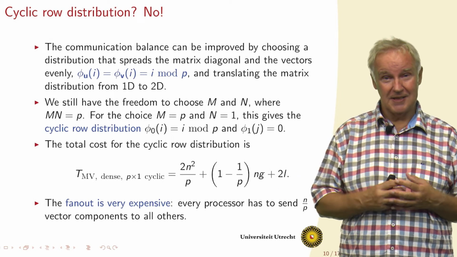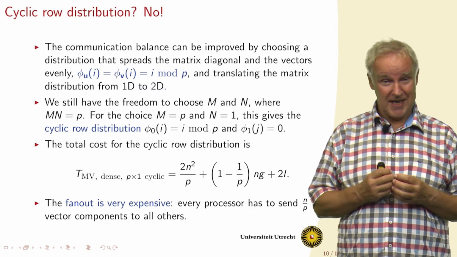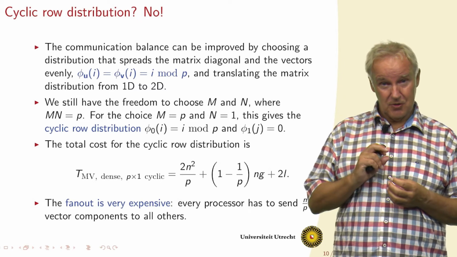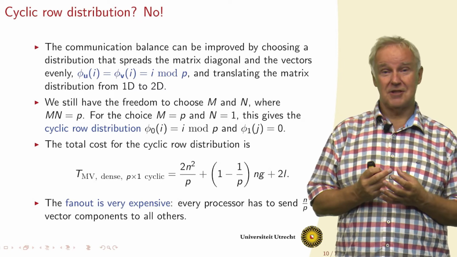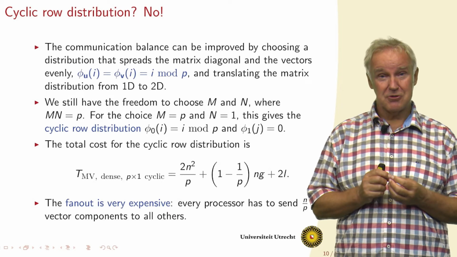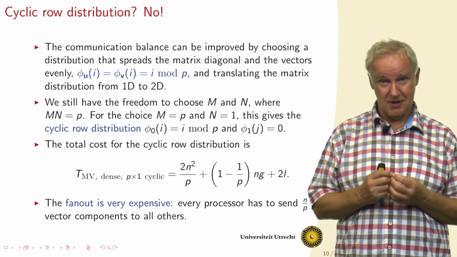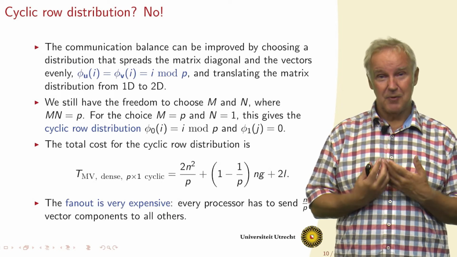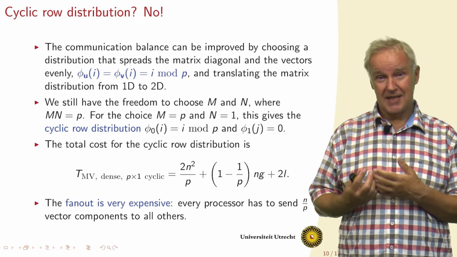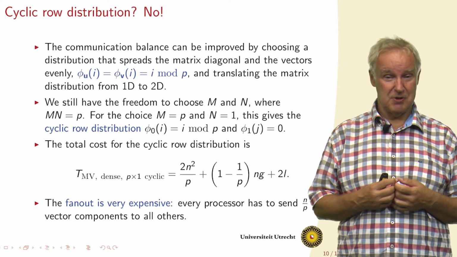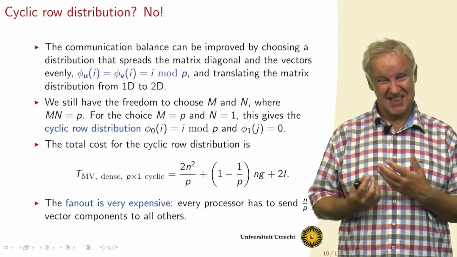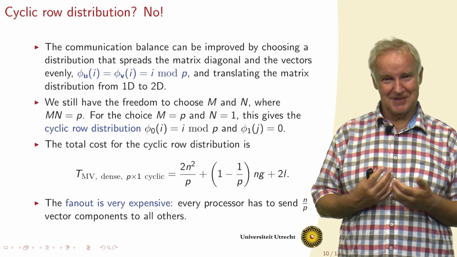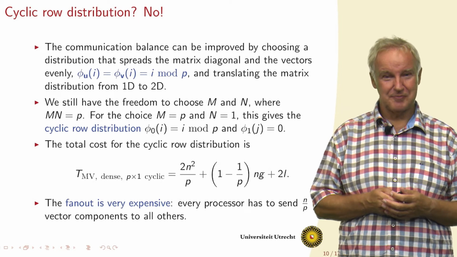But on the other hand, in the fan-out, the processor that has n over p components has to send them to all p minus 1 others. And again, we have about n times g as communication cost. We gained a factor of 2, but still, this is not enough.